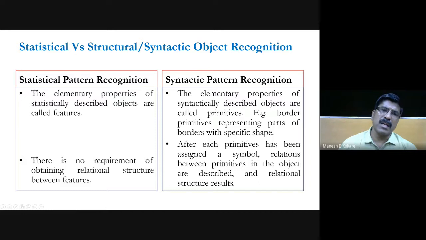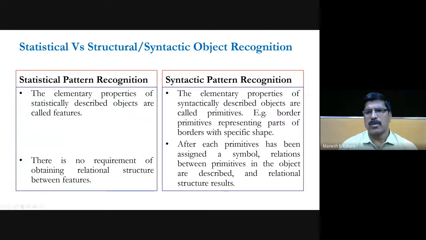Then the elementary properties of the statistically described objects are called features, whereas the elementary properties of the syntactically described objects are called primitives, or symbols. For example, border primitives representing the part of borders with specific shape.